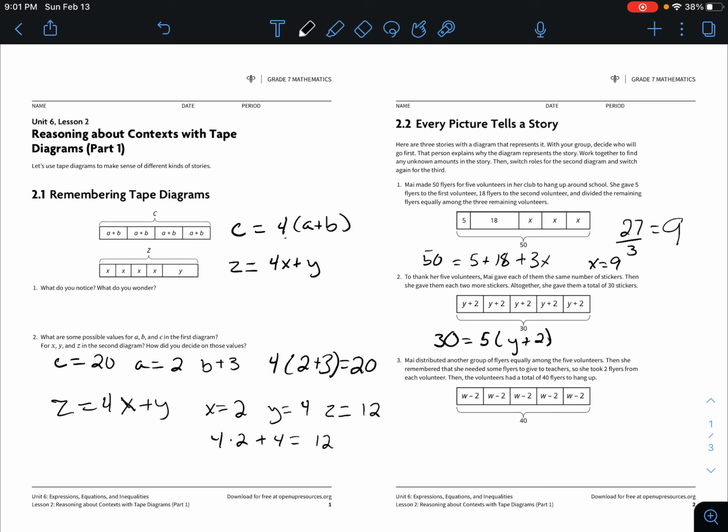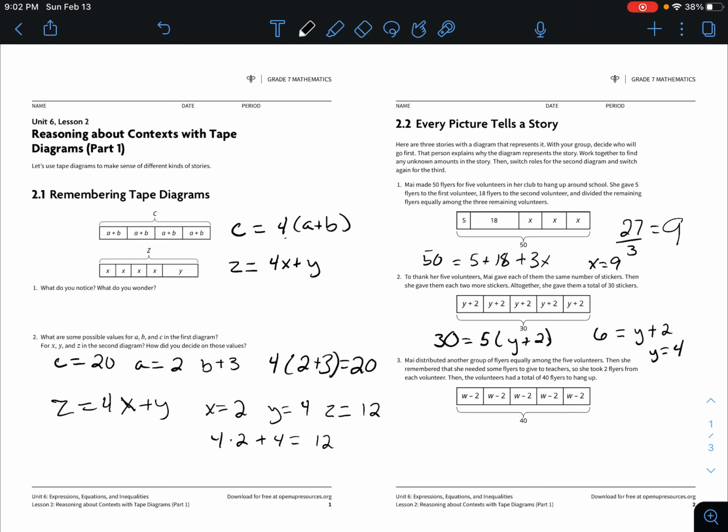So if we distribute this and we want to find what y equals, we know the total is 30, so first we're going to divide by 5. 30 divided by 5 leaves us with 6. So 5 times 6 equals 30, so y plus 2 has to equal 6. What number plus 2 equals 6? Well, y would have to equal 4, because 4 plus 2 equals 6.